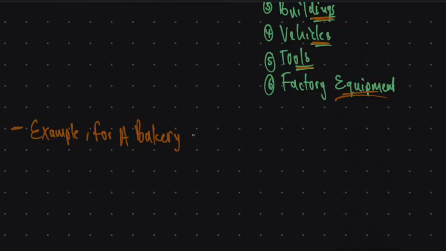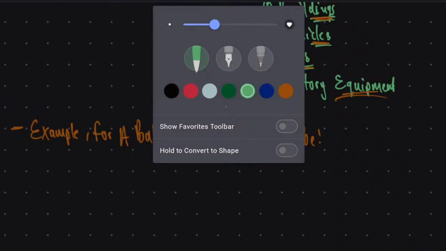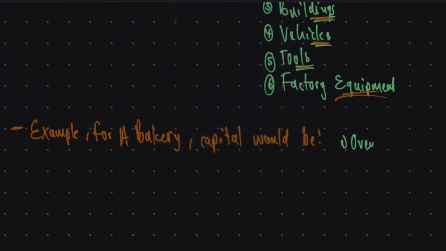For a bakery, capital would be the man-made resources the bakery uses: ovens, machines, mixers, delivery vans. These are equipment. This is the machinery. They are helping to produce the bread.